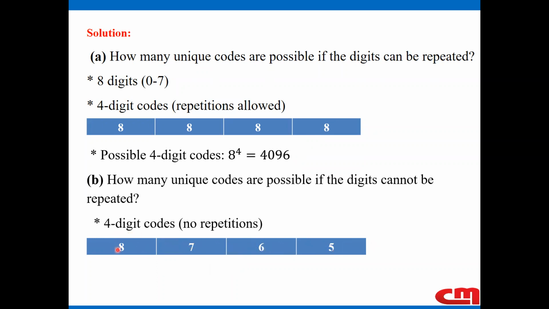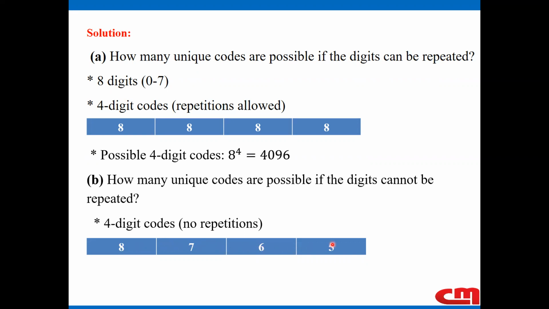For the first place, any of the 8 digits can occupy that. That is, there are 8 choices. Once this is filled, I'm left with 7 digits. Once this is filled, I'm left with 6. Once it's filled, I'm left with 5. That should be the understanding of no repetitions. Once a place is filled, you subtract.